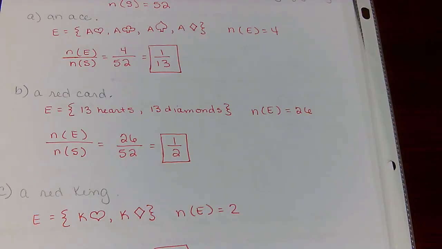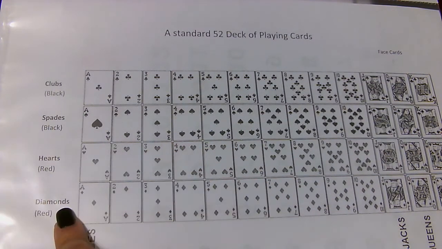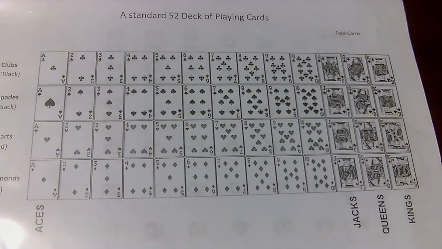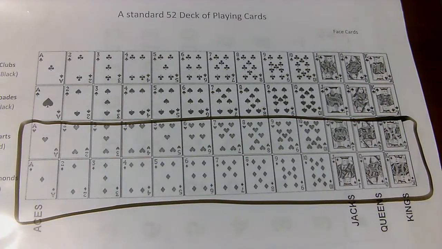The next question says, Part B, find the probability of getting a red card. So when looking on here, you can see that I have the red and the black cards. If I want the probability of getting a red card, it would be any of these cards here.